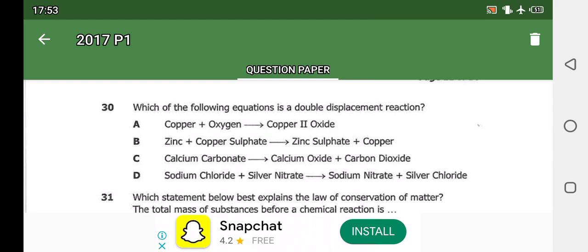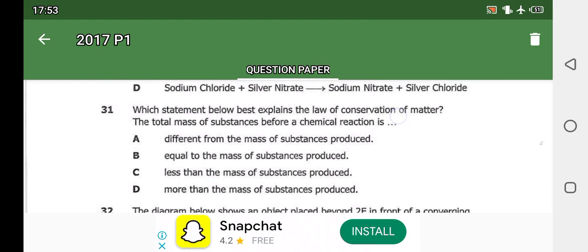B, that is single displacement. C, that is decomposition. D is the correct answer, where there will be exchange of ions, where sodium will react with the nitrate ion, and then silver will react with the chloride ion. So the correct answer is D.